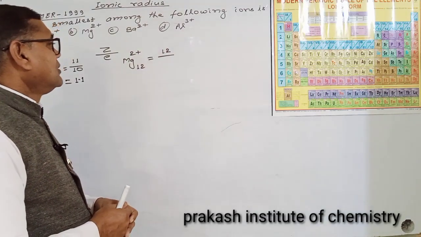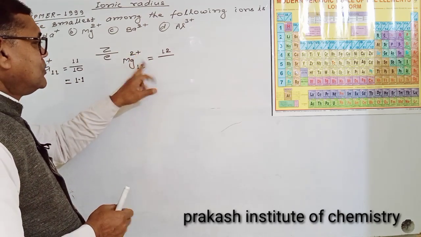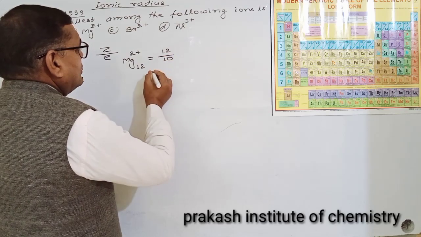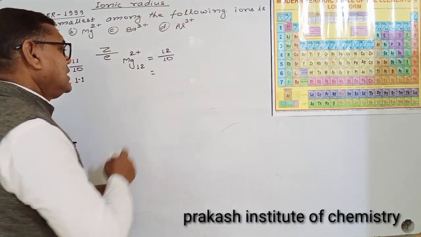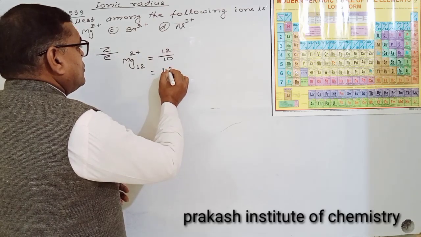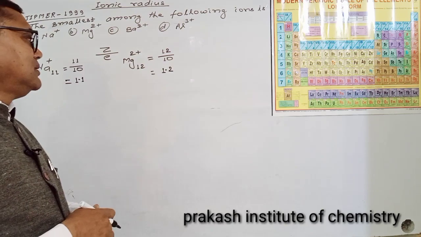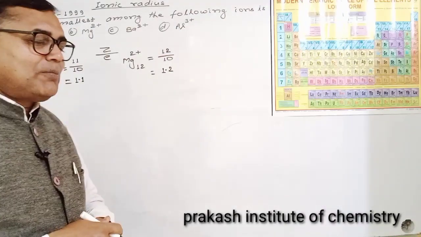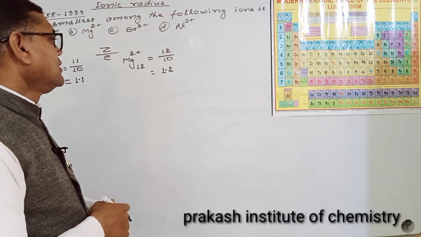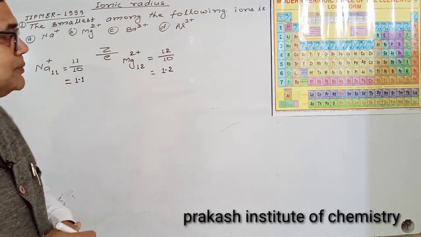Therefore, the value of E is equal to 12 minus 2, equal to 10. We divide 12 by 10, we get 1.2. The per electron effective nuclear charge of magnesium ion is 1.2.